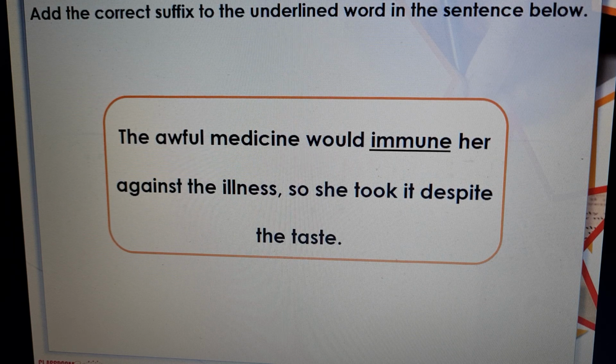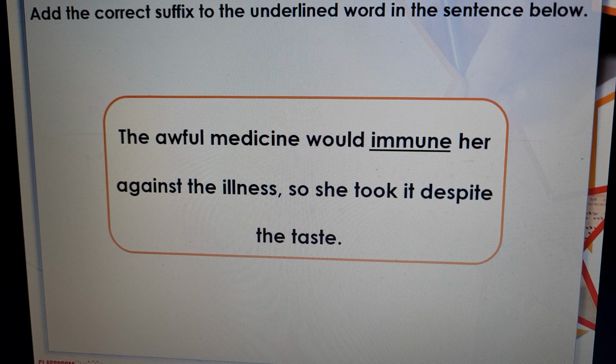Is it going to be immunate? Is it going to be immunize? Or is it going to be immunify? Well, if you're not sure, again, turn to that trusty dictionary or the online dictionary and have a look and see which one is correct.